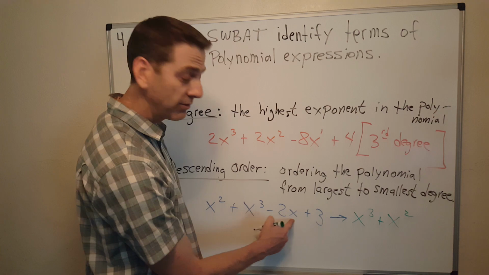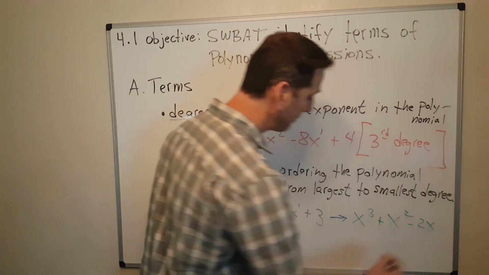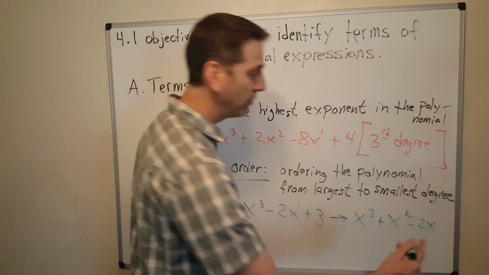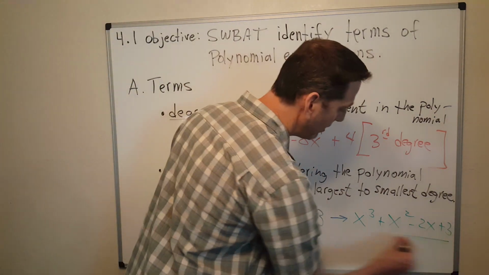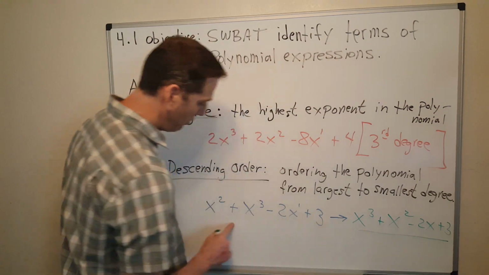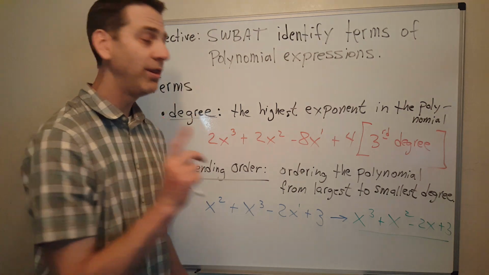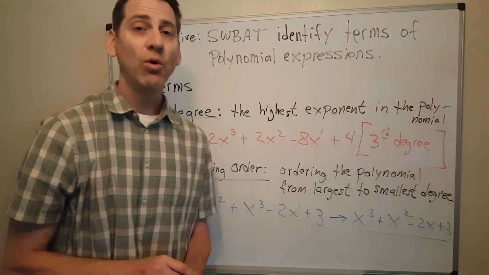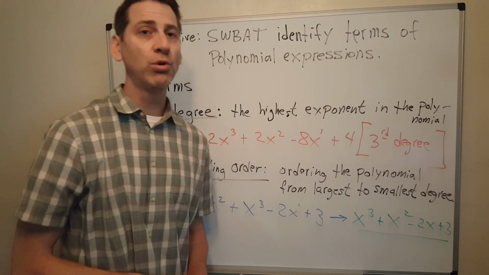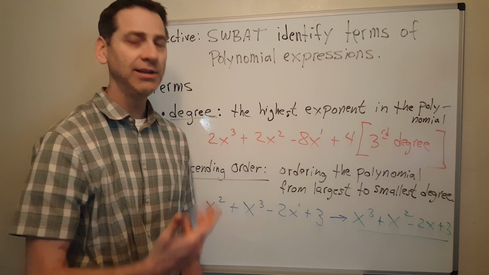It's going to be 2x, because there's a 1 there. So it'd be negative 2x, and then the 3 goes last. The constant goes at the end. So this polynomial and this polynomial are equal, but this one in green is in descending order, which is very important. We need to know how to put these in descending order.